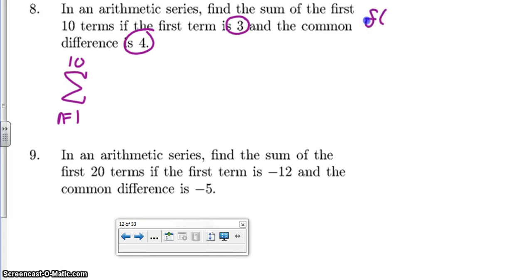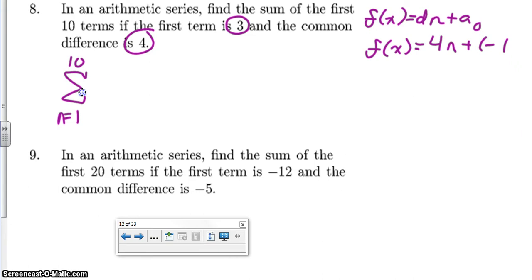The related function is equal to the common difference times n plus the term amount at 0. All right, so let's think for just a minute, Mrs. Rose. My common difference is positive 4, and if this is 3, if I go to term 0, it would be negative 1. So my related function is 4n minus 1.